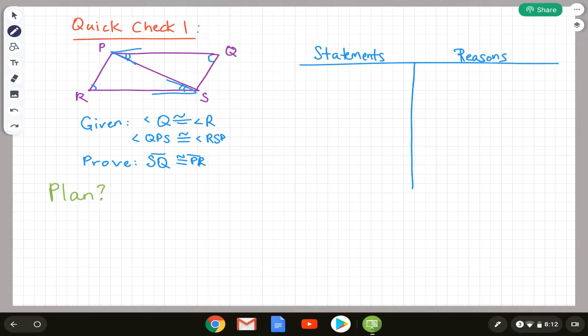Alright, so we're given two angles, and we're trying to prove that SQ is congruent to PR. So that's over here, this side, and this side. Okay, so the plan would be to try to prove the triangles PRS and SQP are congruent.